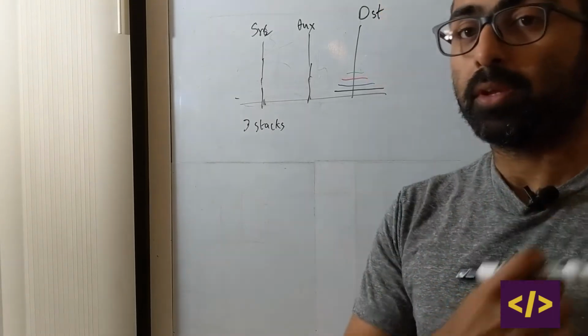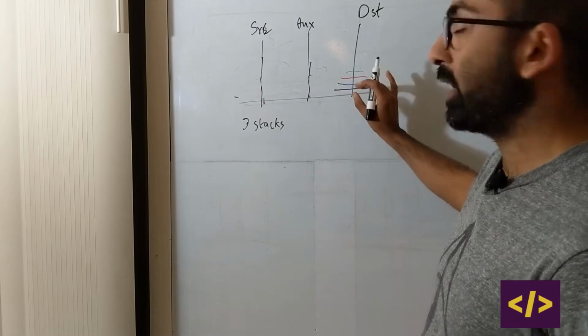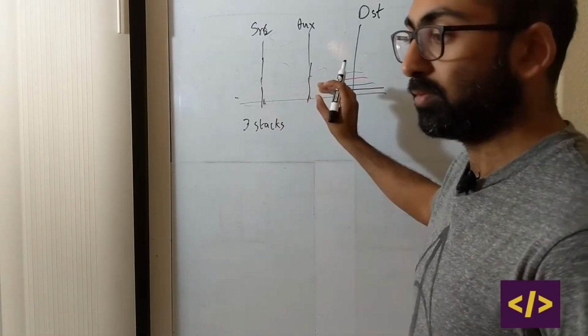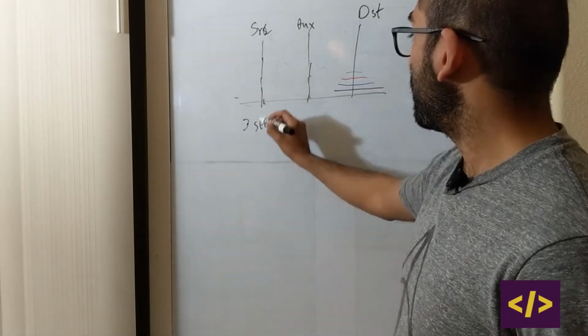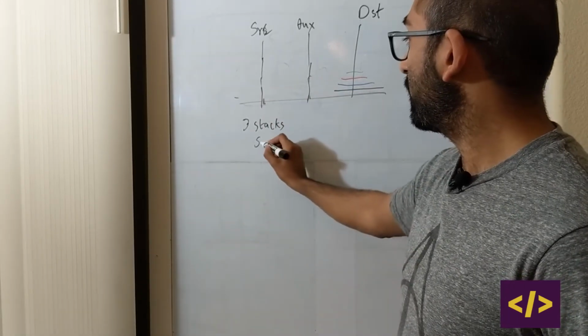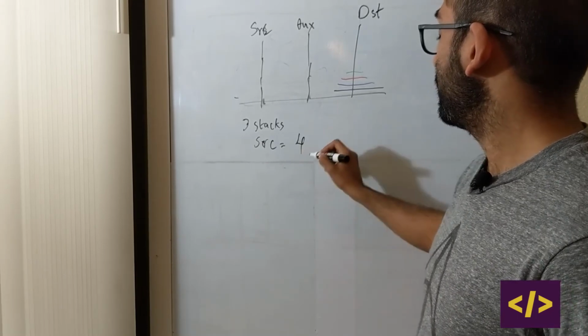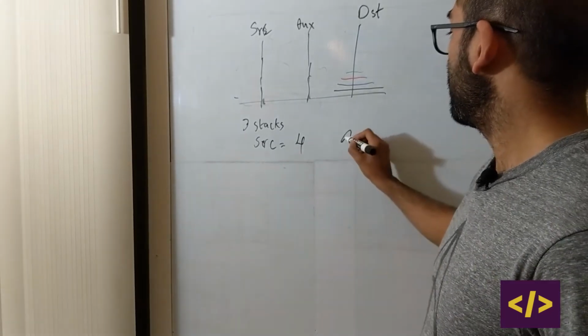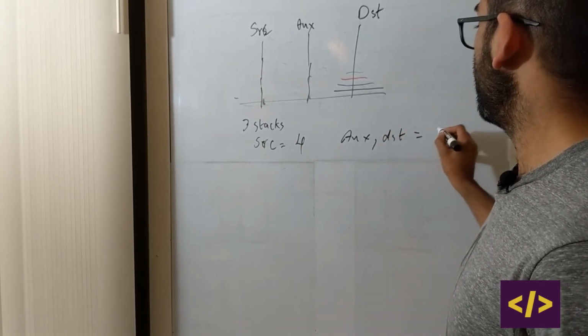At every point in the stack, we'll have the values or the number of rings that are going to be there in that. So when you're starting off, your source stack will have how many? Will have 4 values, and your auxiliary and your destination will have 0.